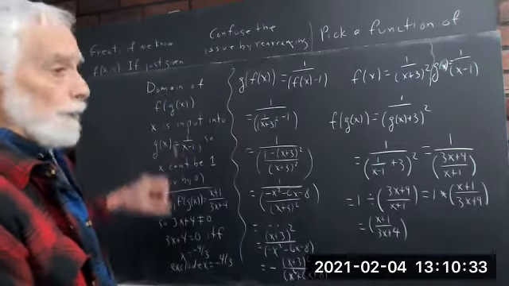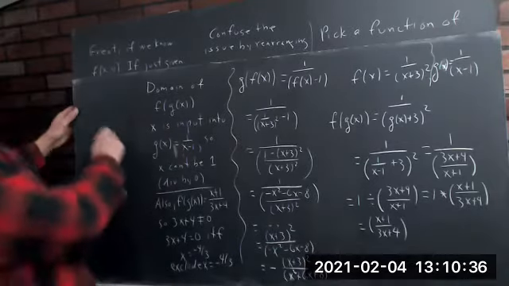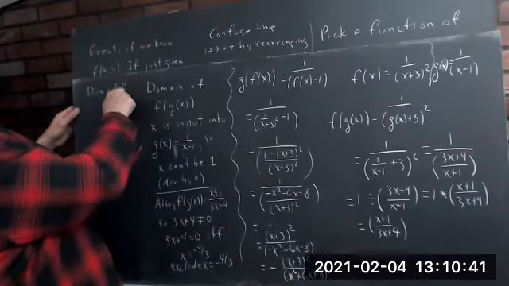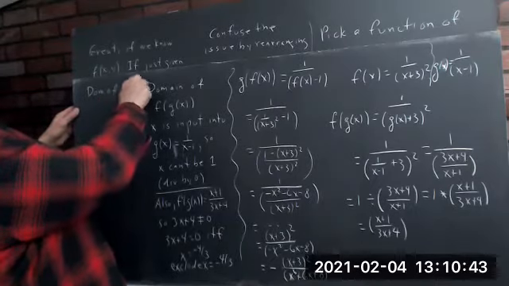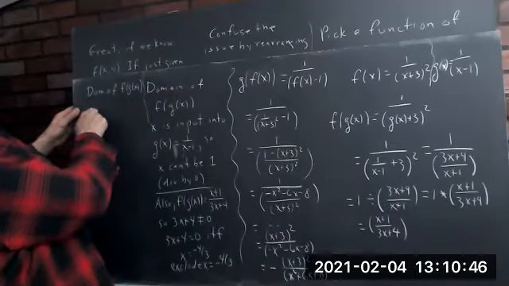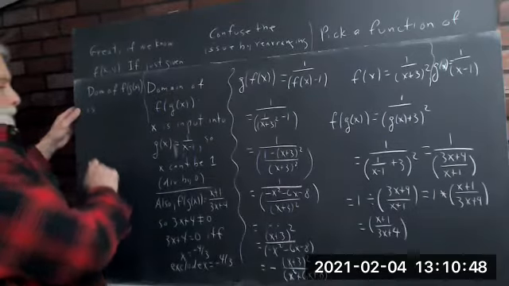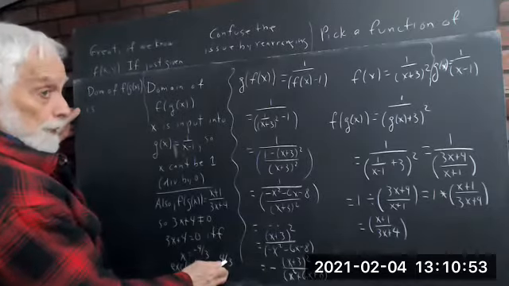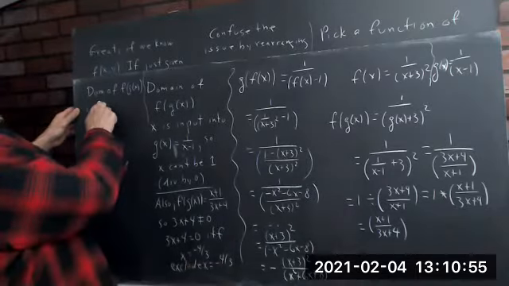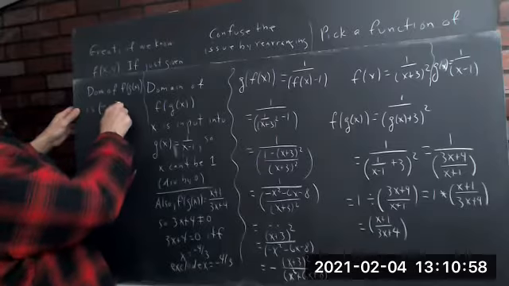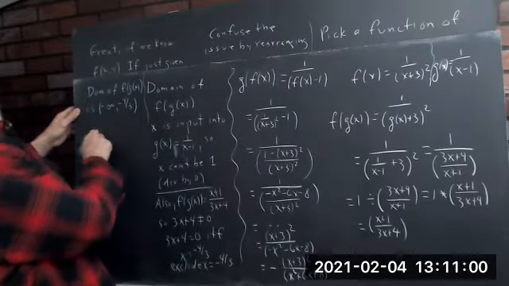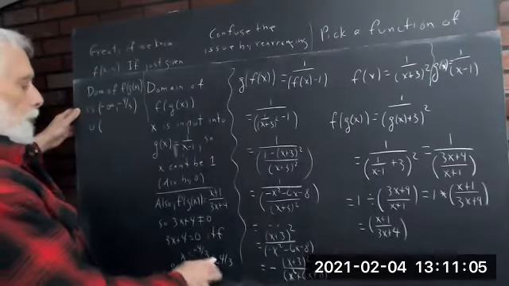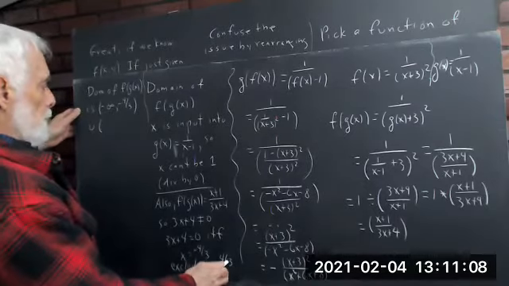Okay, so the domain of f of g of x is then, in interval notation, all numbers less than negative 4/3, union all the numbers between negative 4/3 and 1.